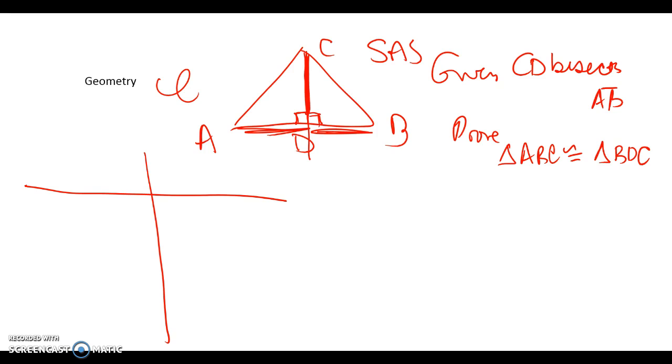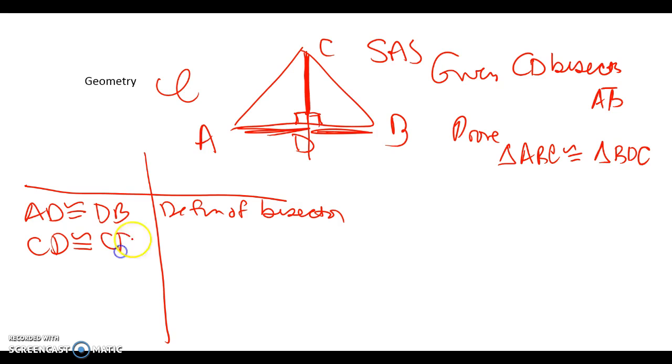So what we would say is, AD is congruent to DB by definition of bisector, right? And then we would say CD is congruent to itself. And I'm not sure if that's reflexive or symmetric. You'd have to figure it out.